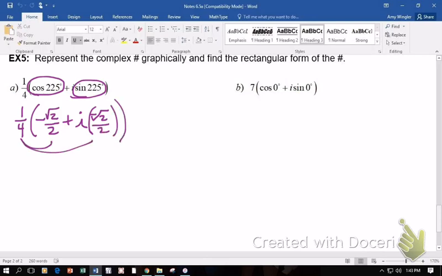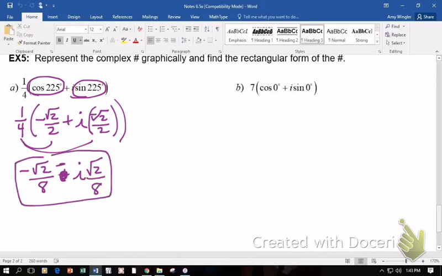Now you distribute your 1/4 and you get negative radical 2 over 8 plus I, and actually it would be minus I, because it's negative, radical 2 over 8. So there is your polar form converted to rectangular form. So this is polar and this is rectangular.